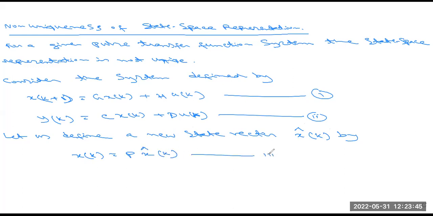This is equation number 3. Now here P is a non-singular matrix.